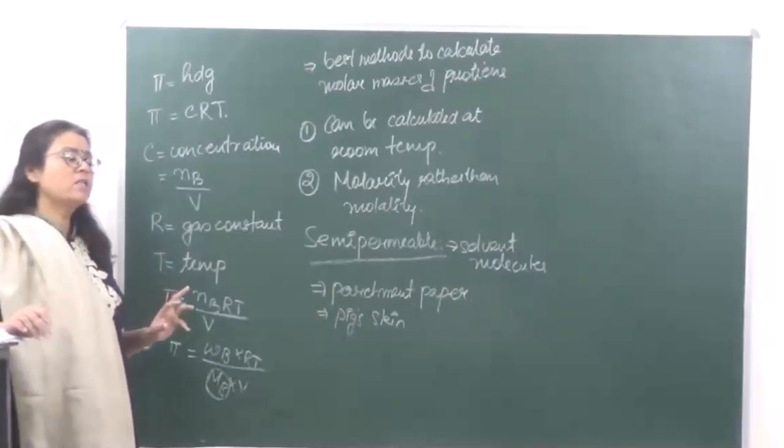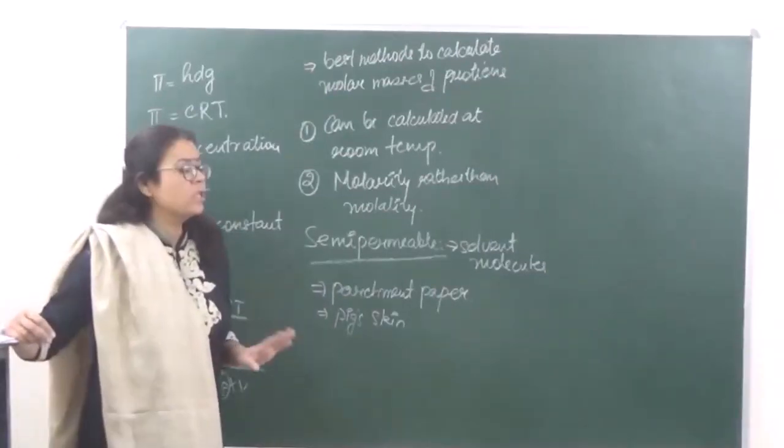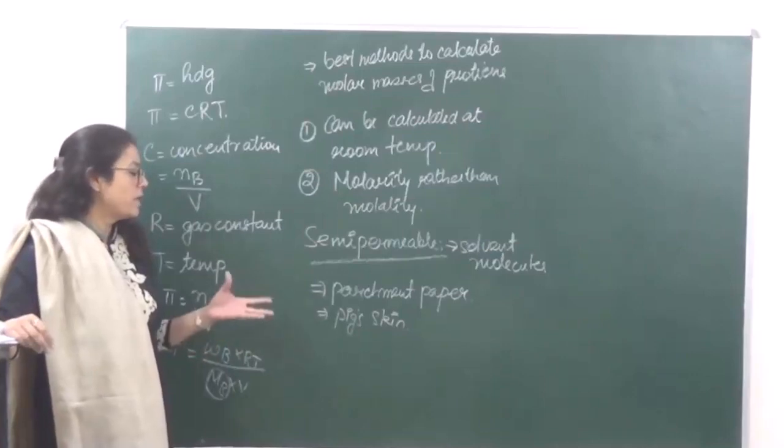Not all cell membranes or animal membranes are selectively permeable, so there are only a few.